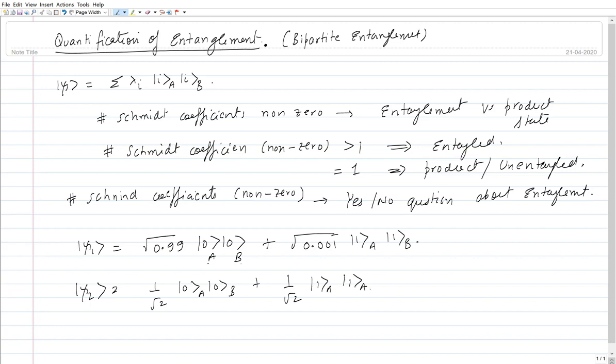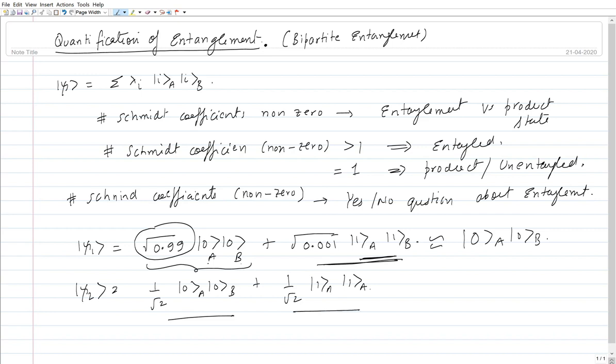If you look at psi1, most of the time, with a probability of 99%, this is the 0, 0 state, and with a very tiny probability, this state is 1, 1. So roughly speaking, the state is very close to a product state. I have a very tiny piece of another element in it, and psi2, however, has an equal superposition of 0, 0 and 1, 1.